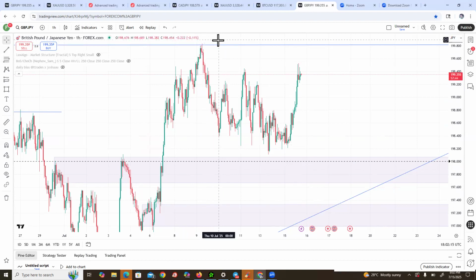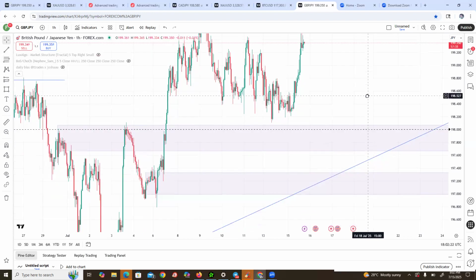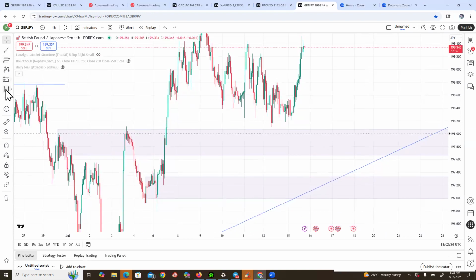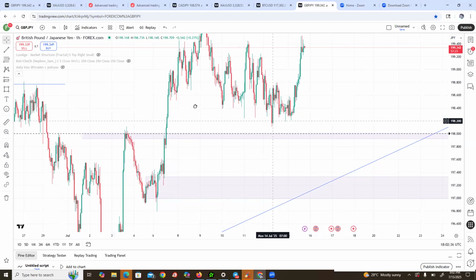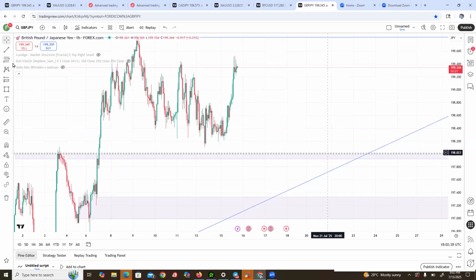So there's a possibility that the market might still continue buying until it clears this liquidity, then come and tap us in and use this breaker block here. It might use this breaker block and come and tap us around here.